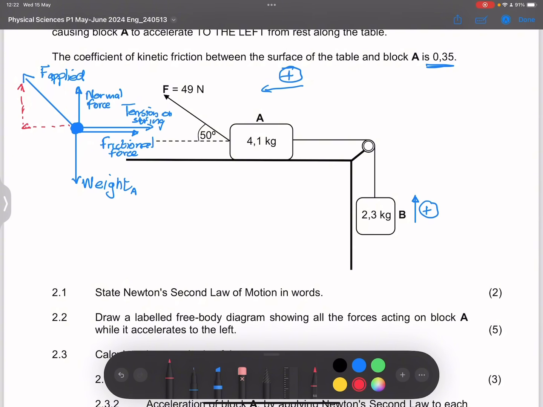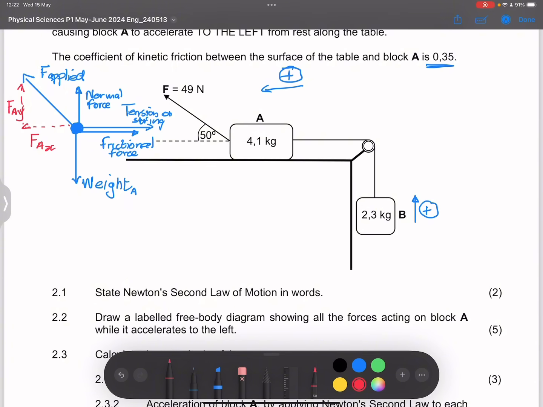don't mess up our diagram, please remember that the applied force can be broken down into components, right? So it's got FAX, which is the horizontal component of the applied force, and I'm going to also say this is FAY, which is the vertical component of that force.